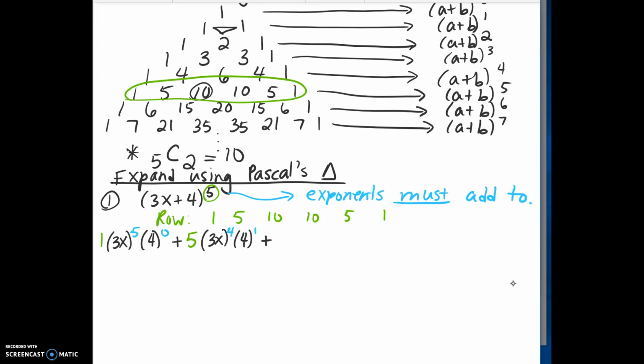Plus, 10, 3x cubed, 4 squared, plus another 10. So you see there's a lot of space getting taken up. I probably am even going to run out of space.